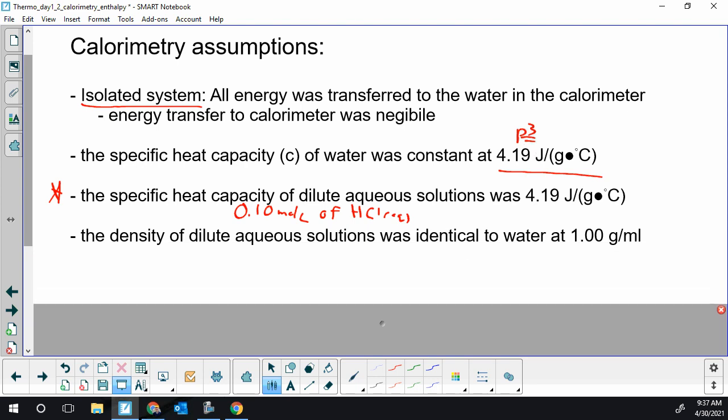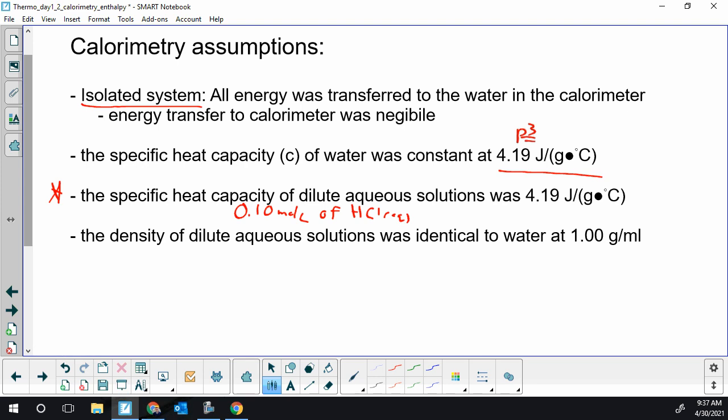On the same theme of how we deal with dilute aqueous solutions, if we have a dilute aqueous solution, we're going to treat its density to be the same as water. What's really handy with pure water is that because its density is 1.0 grams per mL, 100.1 grams of water is exactly 100.1 milliliters, or vice versa.